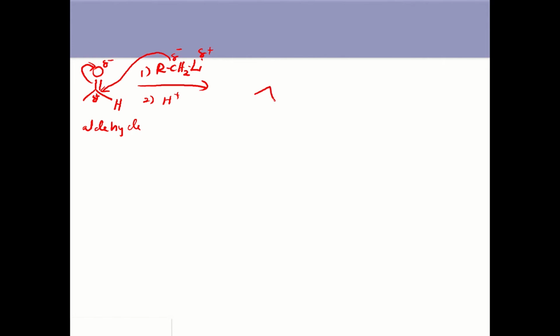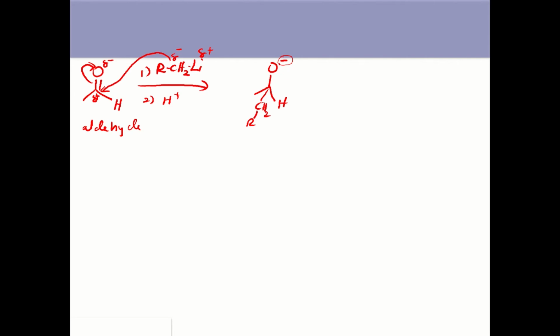Meaning now you have a negative charge on oxygen, you have hydrogen, and you have this CH2R group attached.